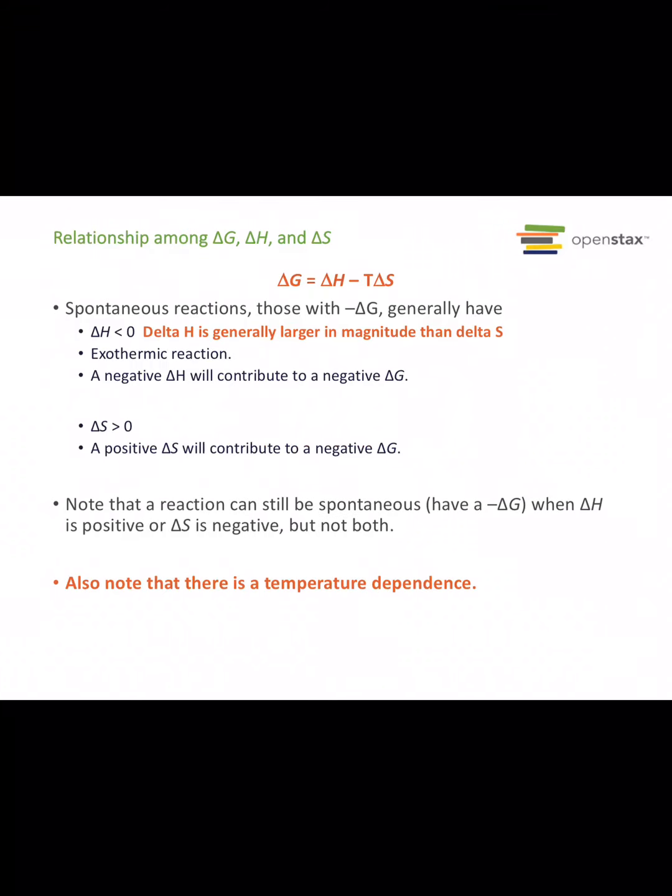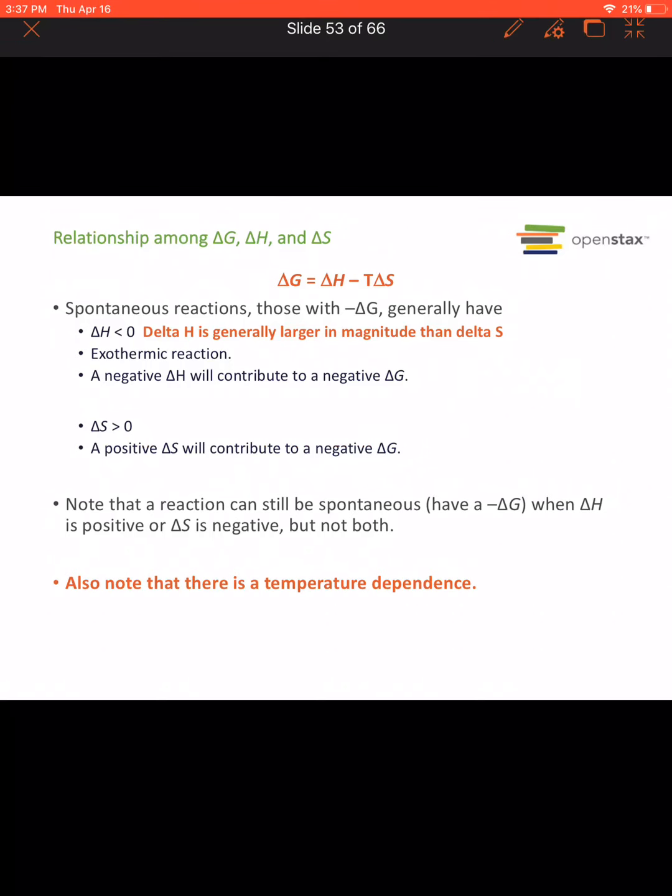One thing that I want you to pay attention to with that equation is that delta H is generally larger in magnitude than delta S. You're going to find that your delta H values are in kilojoules and that your delta S is in joules.